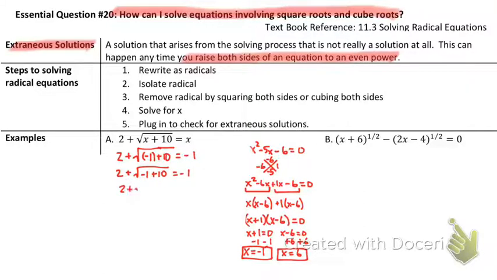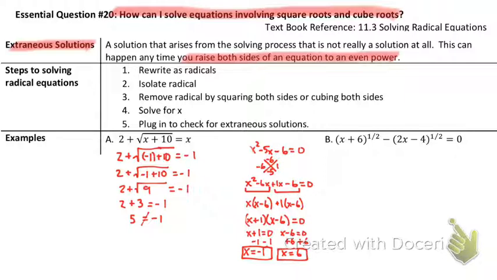So it's 2 plus the square root of 9 equal to negative 1. The square root of 9 is 3. So 2 plus 3 equal to negative 1. And 2 plus 3 is actually 5. And 5 is not equal to negative 1.